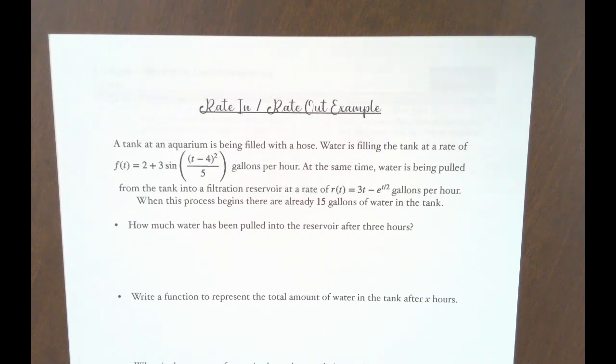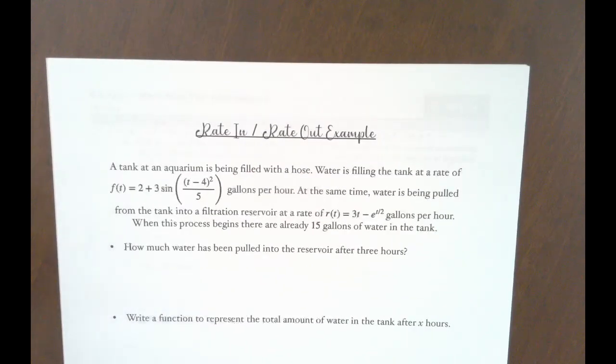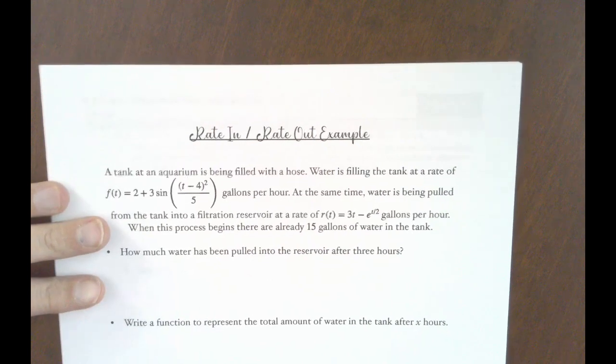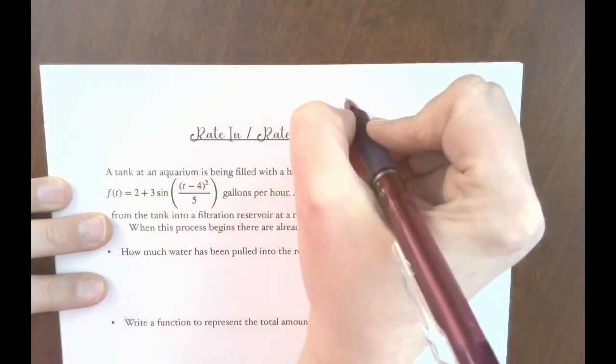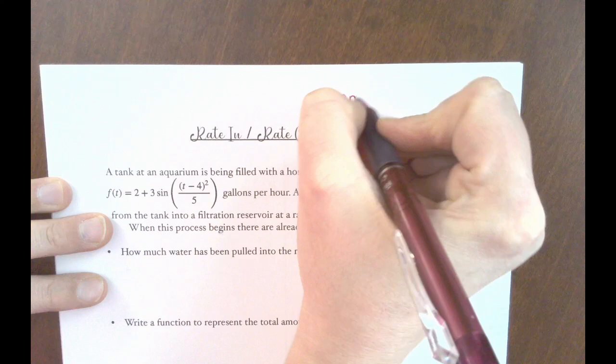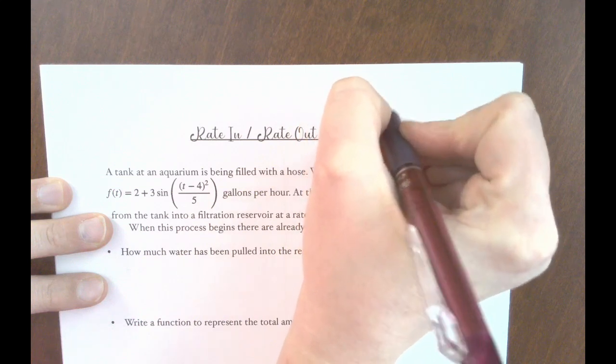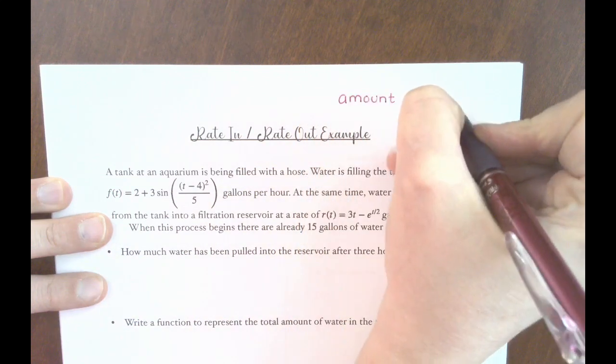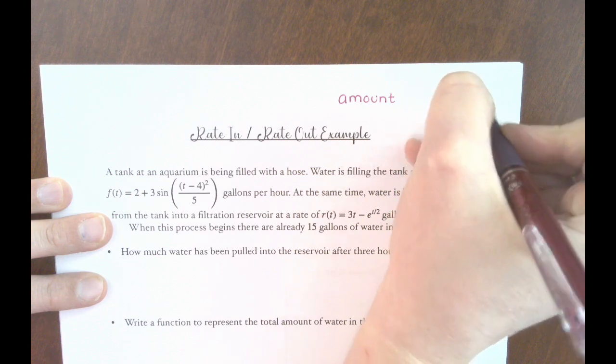Before we dive into this, I want to remind you that calculus is typically concerned with two types of functions. We can have functions that talk about the amount of something, or a quantity, or we can have functions that talk about a rate that something is happening.